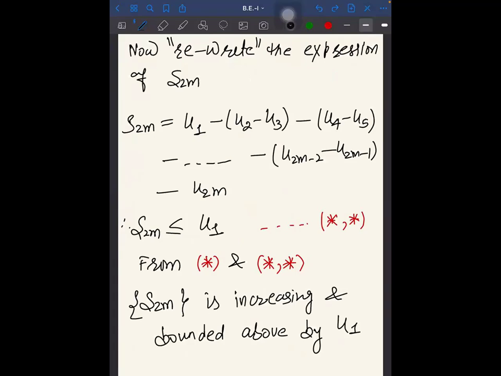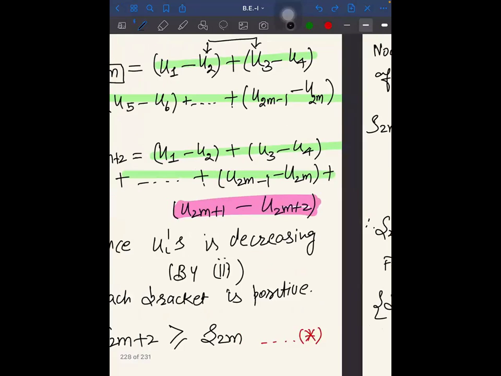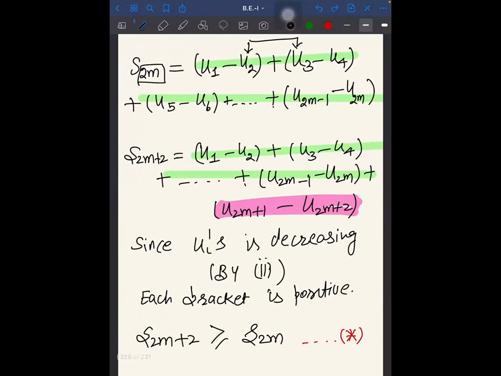No. You see this? I'm not taking this S_{2m} from here. From here, I'm only proving that your S_{2m} is bounded above by u_1. Now you see this over here. Can you check the brackets? Since your u_1 is bigger than u_2, why is u_1 bigger than u_2? Because it is given that our u_i's are decreasing, right? So your every bracket is positive.